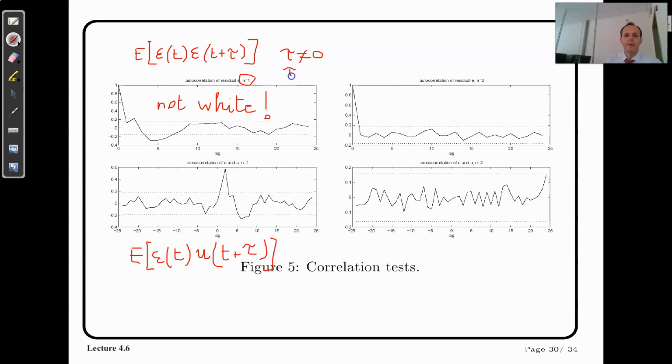Of course, tau can be only positive, and can be positive, negative, also 0, because epsilon, if your process is white, epsilon should be uncorrelated with respect to the input.